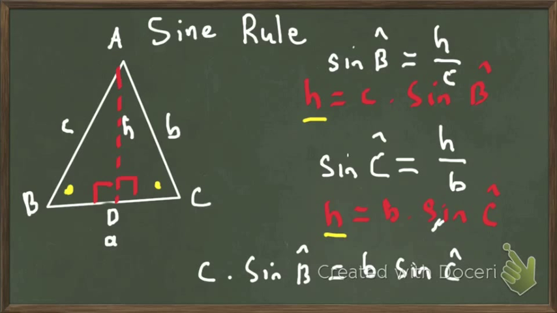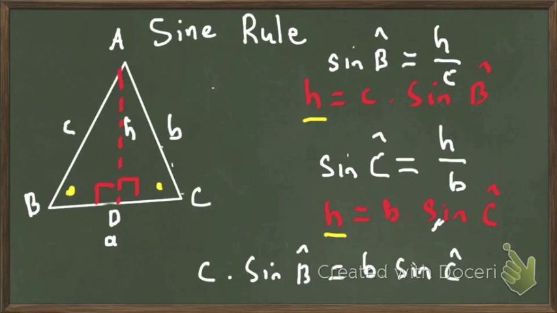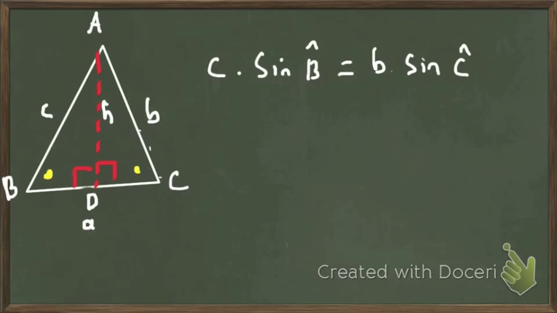So now I'm going to rearrange that even further. I'm going to move on to the next page and work that a bit further. If I look at that identity that I've worked out, if I now move the c to the other side and the b, so I'm going to take that over there and move it to the other side, and that over there and move it to the other side.